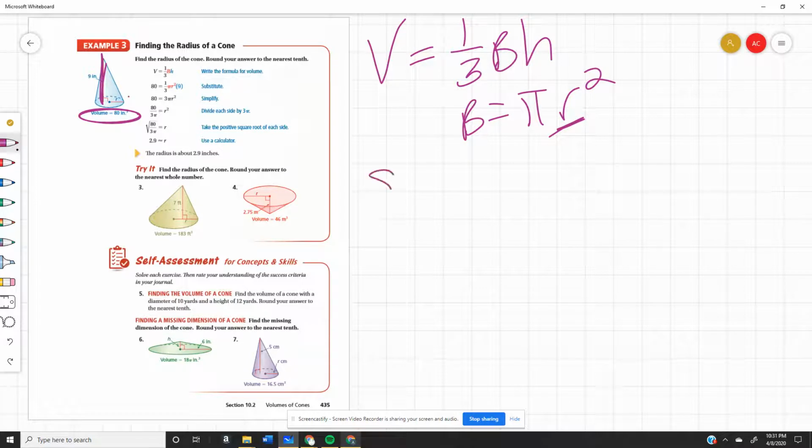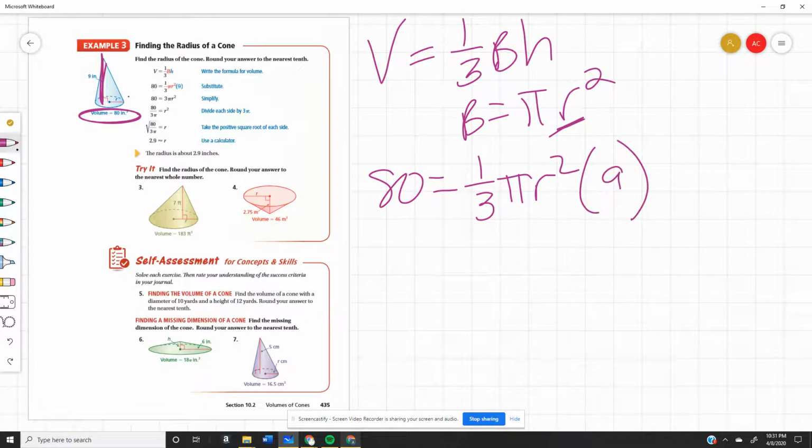So the volume is 80 equals 1/3 pi r squared. And then instead of h this time, we're going to substitute in 9 since we know that's our height. Okay? 1/3 of 9 is 3. So 80 equals 3 pi r squared.